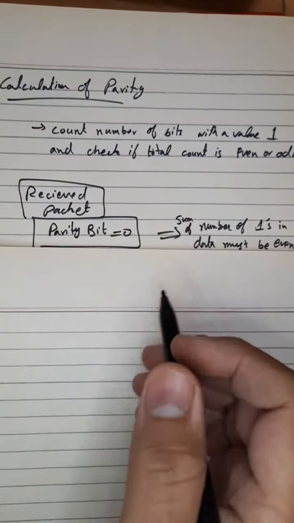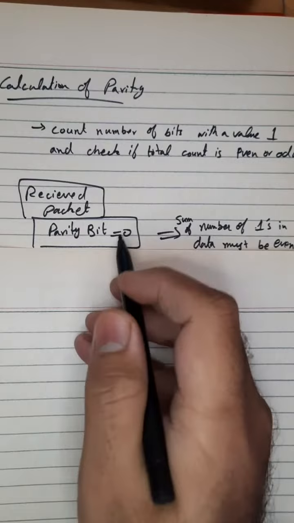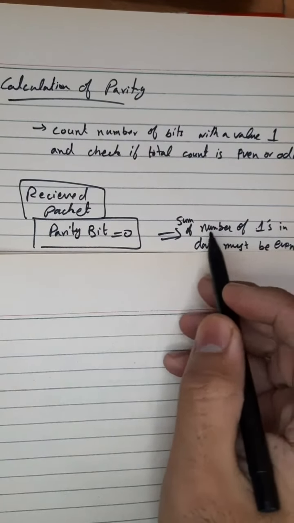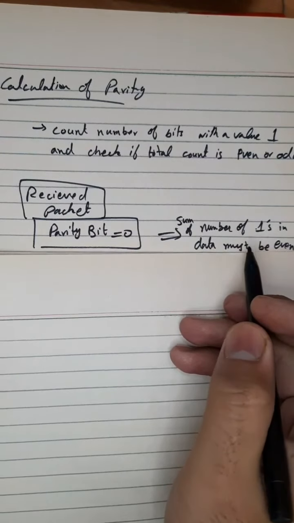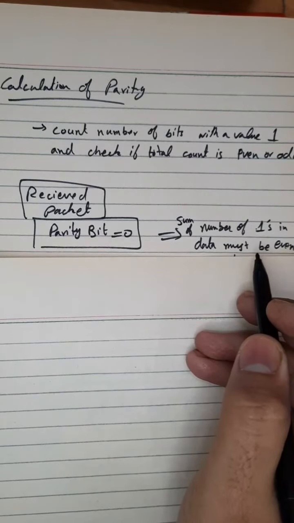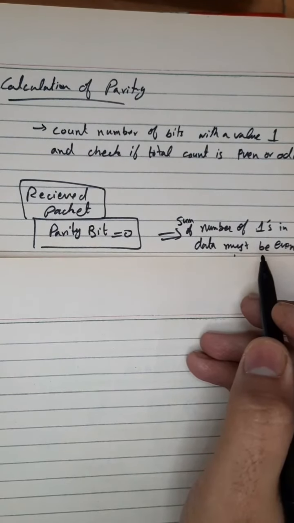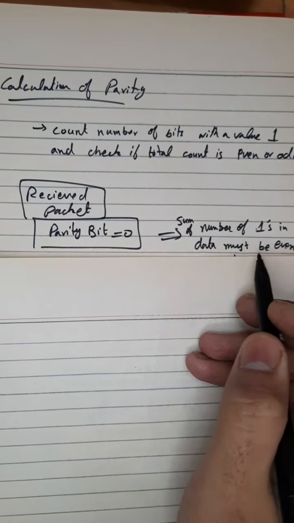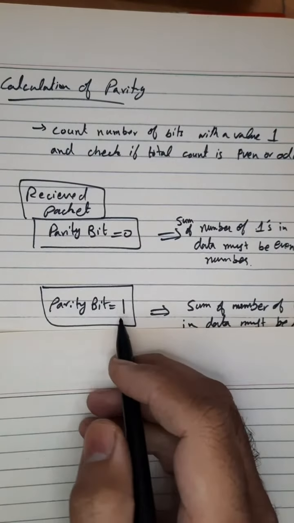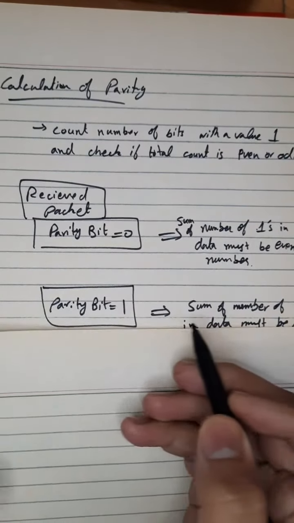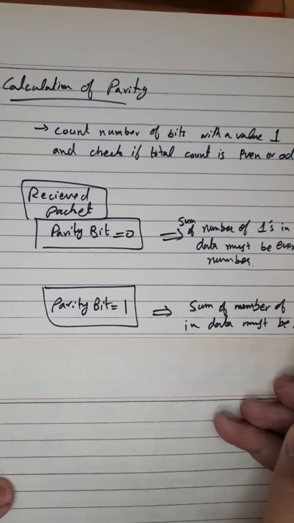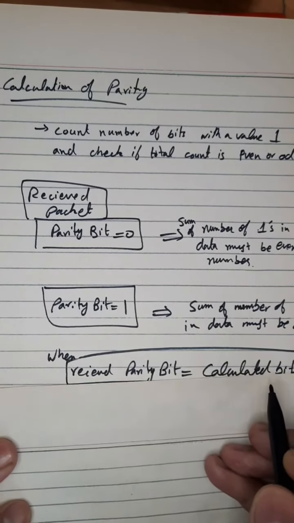If the parity bit received in the packet is 0, meaning even parity, the number of ones calculated at the receiving side must be an even number. If the parity bit received in the data is 1, then the sum of the ones calculated in the data packet must be an odd number.